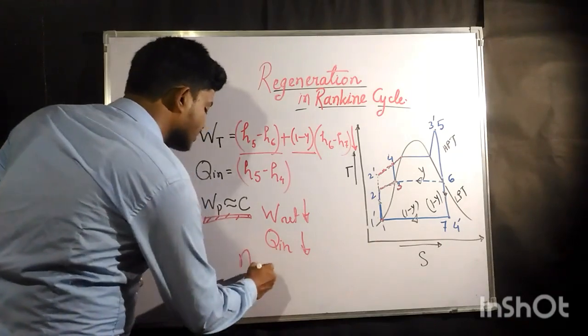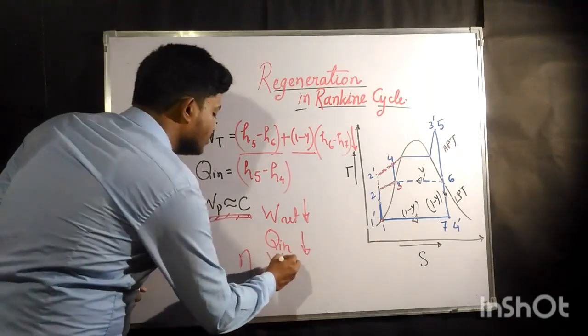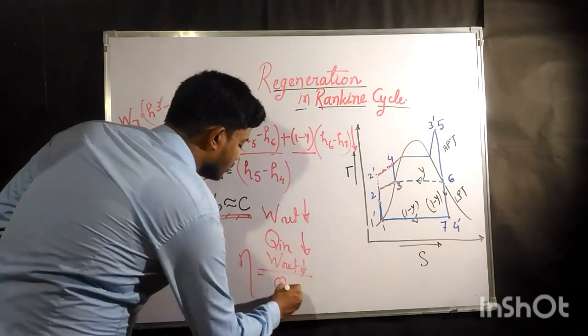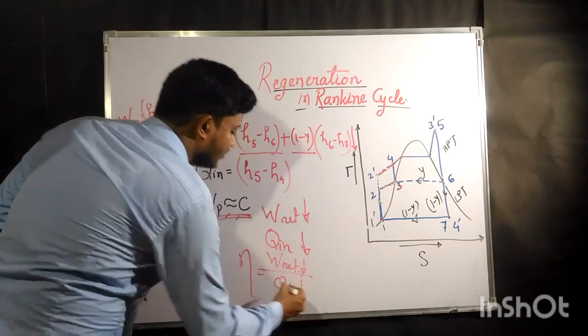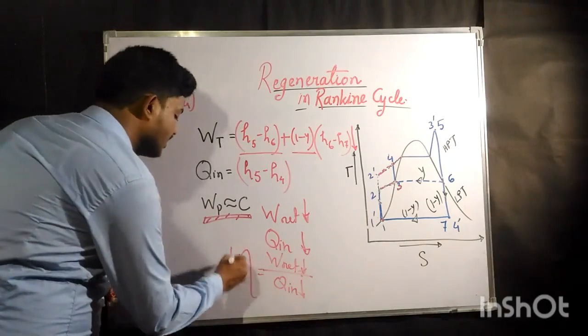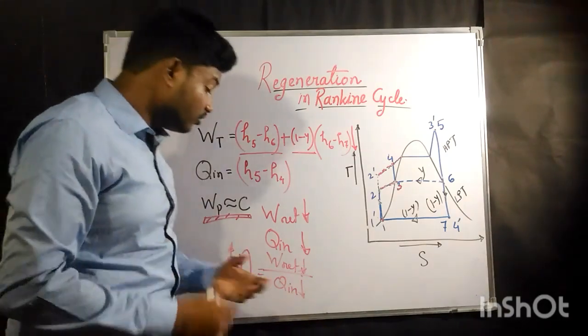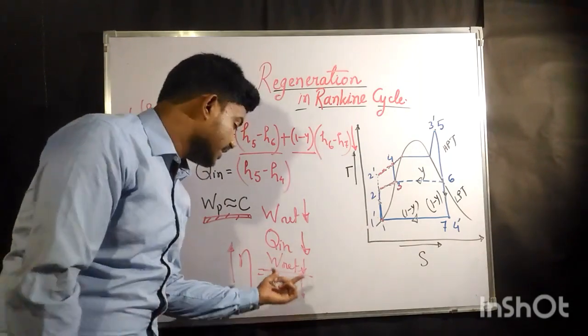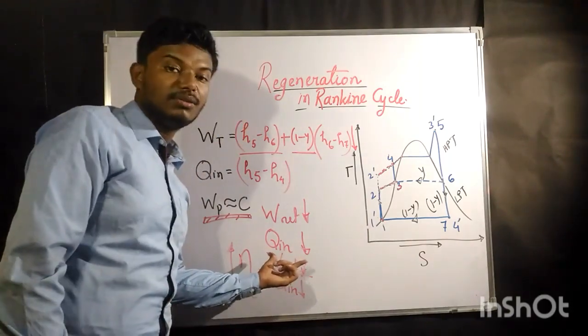Now if you consider the efficiency, W net is decreasing, divided by Q in, which is also decreasing, but efficiency will increase here. Why? Because the decrease in the heat addition is much more than the decrease in W net.